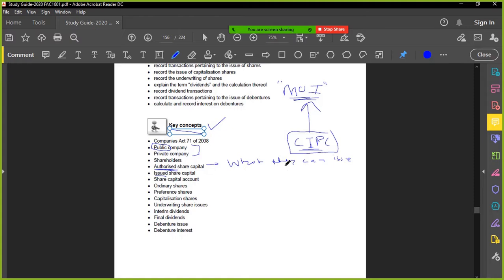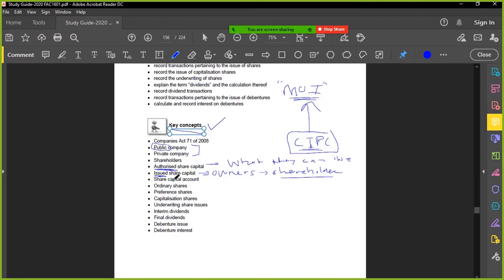A company will normally keep a lot of the share capital inside the company, and they'll only issue some of it. When you issue the share capital, that's when you get shareholders. Shareholders hold the issued share capital. Shareholders don't hold the authorized share capital. There's a difference.